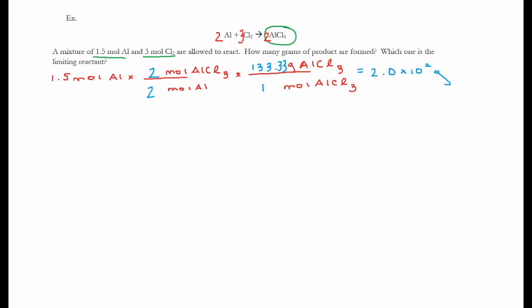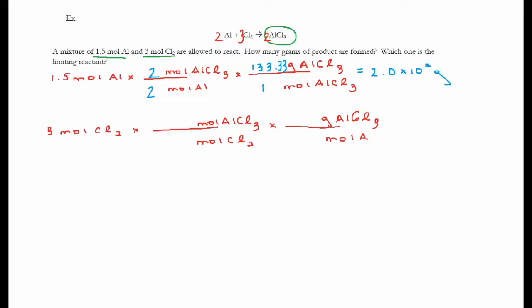Now I'm going to do the exact same thing, but I'm going to do it for chlorine now. So I have 3 moles of chlorine, and I'm going to convert that into first moles of aluminum chloride and get rid of moles of chlorine on bottom. And then I'm going to get into grams of aluminum chloride, with moles of aluminum chloride on bottom.